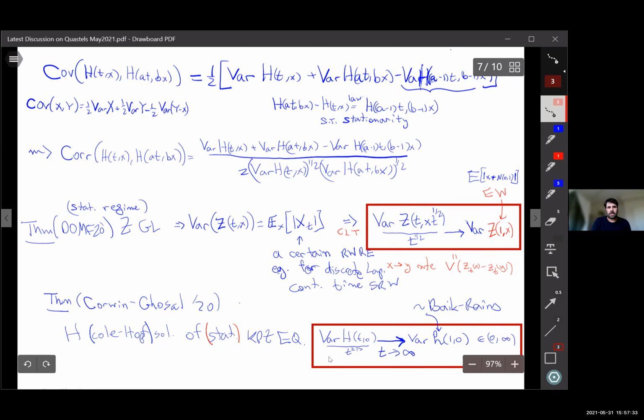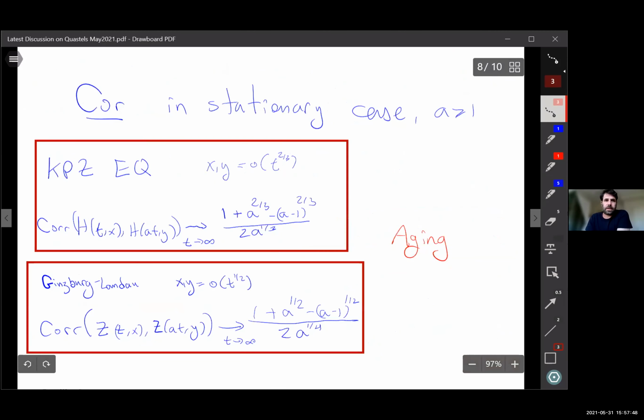And there is a result by Corwin and Ghosal from 20 that for the KPZ equation, the Cole-Hopf solution, with general initial condition, the variances converge with the right scale. So adding these two facts together, what you get is that in the stationary case, if you fix an A larger or equal than 1, and in the KPZ equation case, you take x and y to be little o of t to the 2/3, then the correlations of these two space-time points, so you compare time t and time A times t, converge as time t goes to infinity to this explicit function.